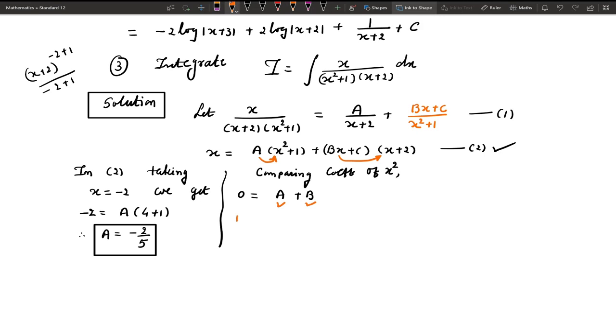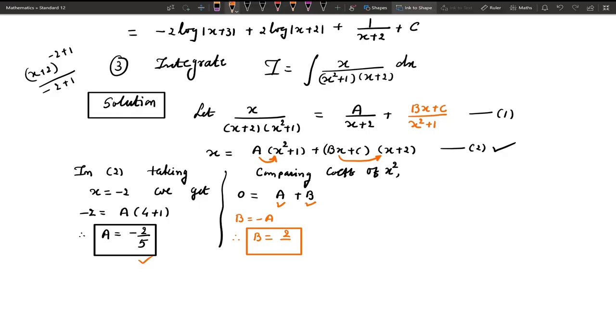So b equal to minus a, and therefore b equal to, putting the value of a which is minus 2 by 5, minus minus, plus 2 by 5. This is the value for b, b equal to 2 by 5.